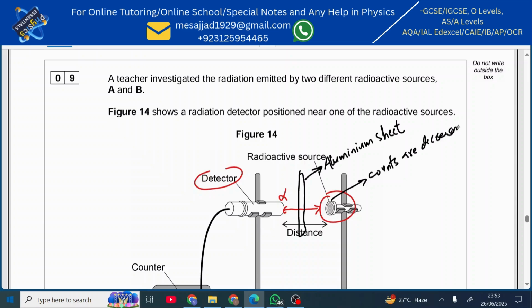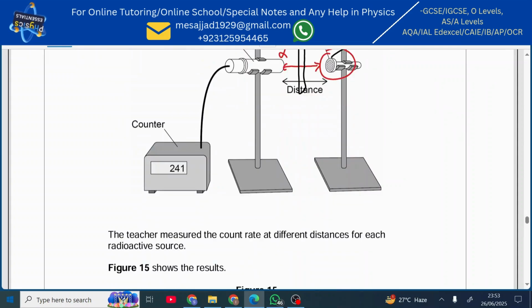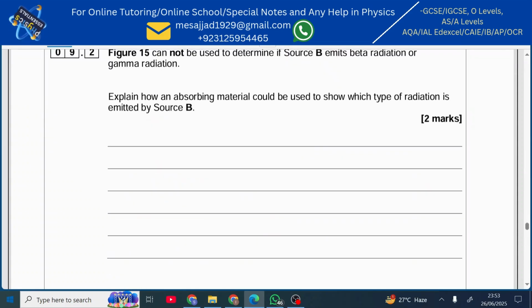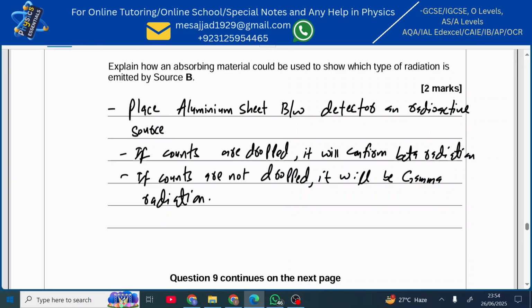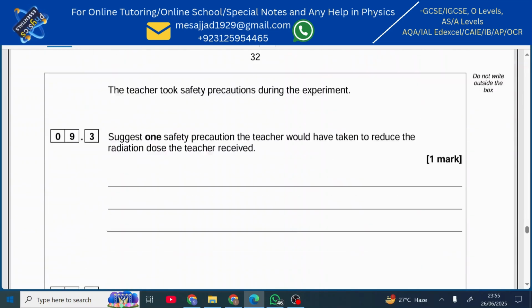It means that the radiation is actually beta, because beta can easily be blocked by the aluminium sheet. So place an aluminium sheet between the detector and the radioactive source, and if counts are dropped, then it means that it will be the beta radiation, and if the counts are not dropped, it will be gamma radiation, because gamma cannot be blocked by the aluminium sheet, but beta radiations can be blocked by the aluminium sheet.